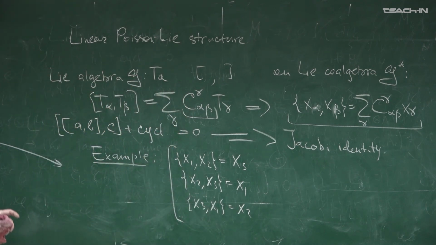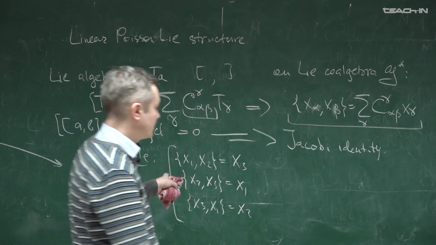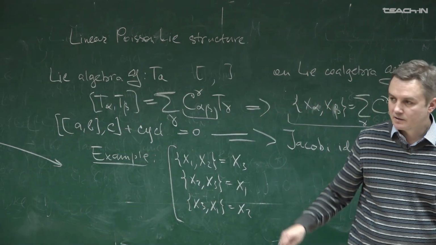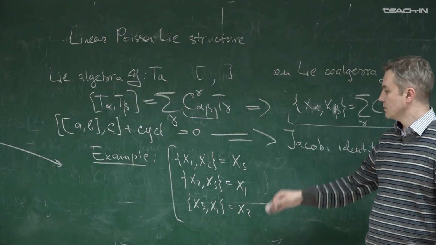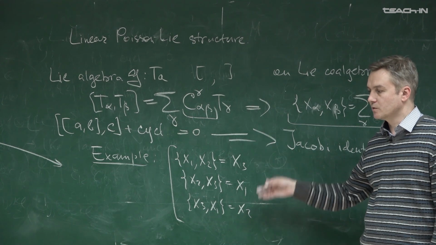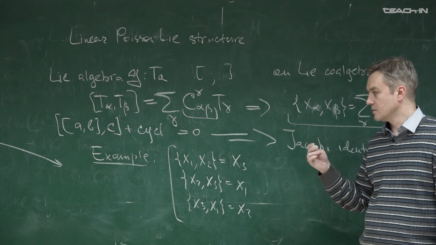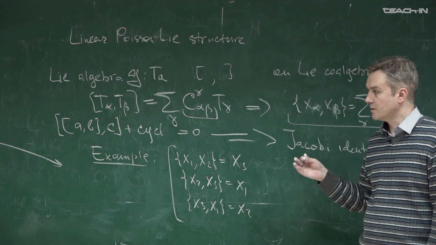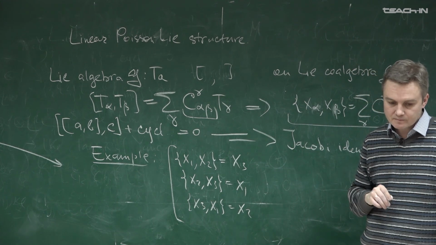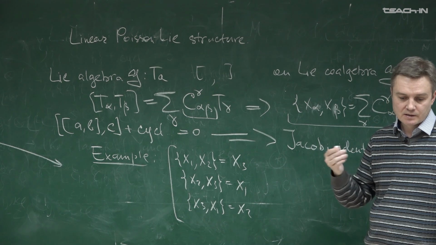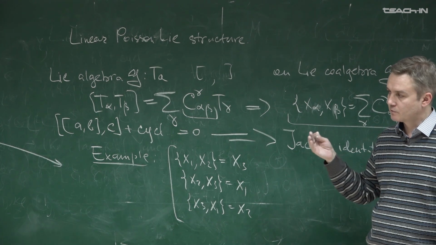And we cannot write anything we want on the right-hand side, because Poisson brackets should satisfy the Jacobi identity. Each Poisson structure is also some non-trivial object.